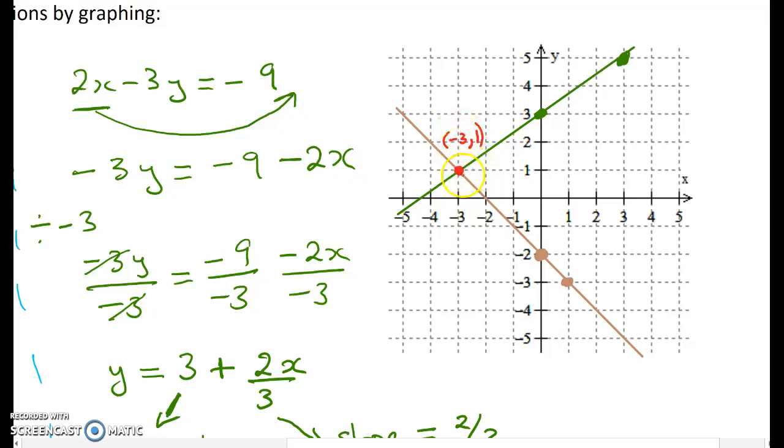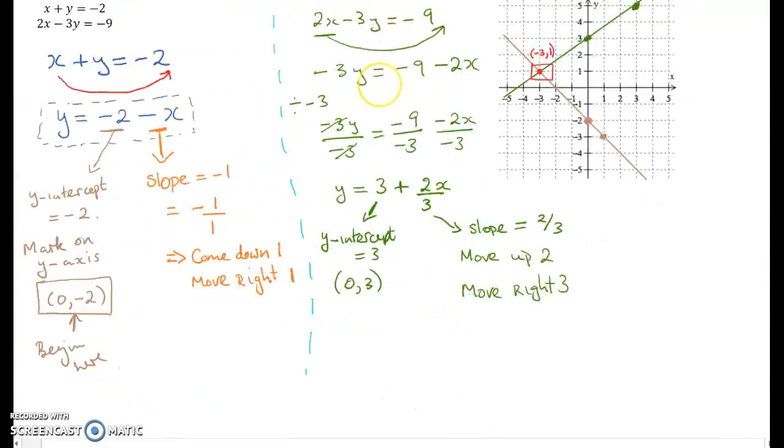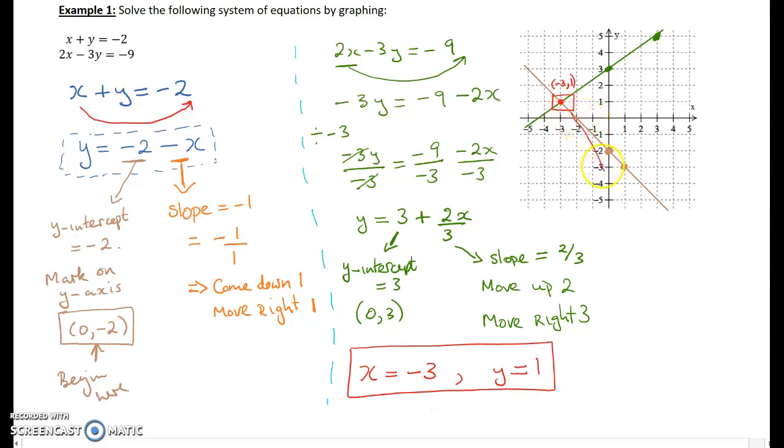Okay, this is the point of intersection right here, and the coordinates are -3, 1. So the first coordinate is your x, so your x is equal to -3, and your y is equal to 1. Okay, and that's your solution.